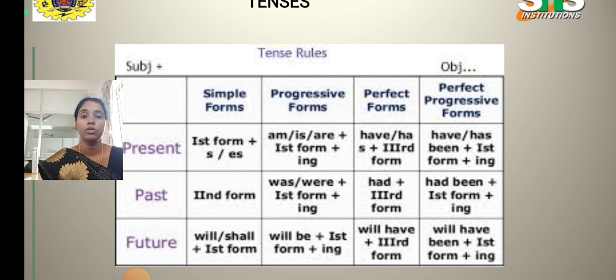In progressive or continuous tense, whether present, past, or future, we are using be verbs. What is this be verb? Be verbs are nothing but am, is, are, was, were, and sometimes be itself is considered a be verb. In the continuous tenses we use only be verbs as the helping verb along with the action word.